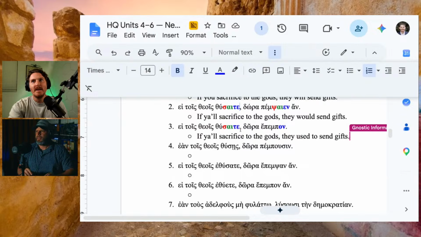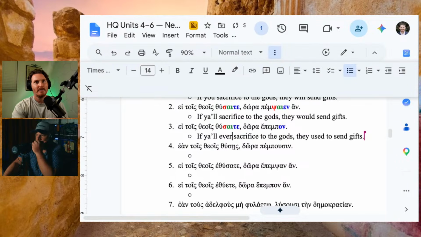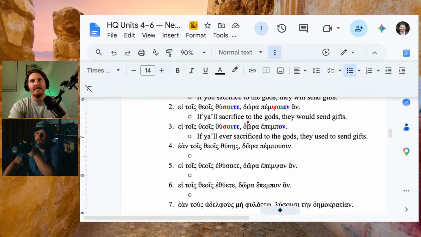And so really what you would do here is you would stick "ever": if y'all ever sacrificed. A good translator would do that. Rather than being so technical about it, you would say, no, I want to make this readable for my English people, so you throw the word ever in there. You would adapt it into English, even though those words aren't really there.